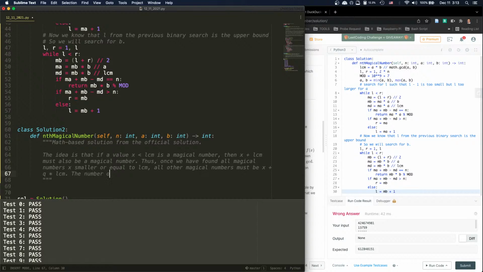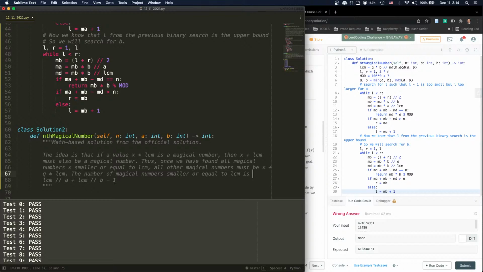The number of magical numbers smaller or equal to LCM is LCM divided by A plus LCM divided by B minus 1.